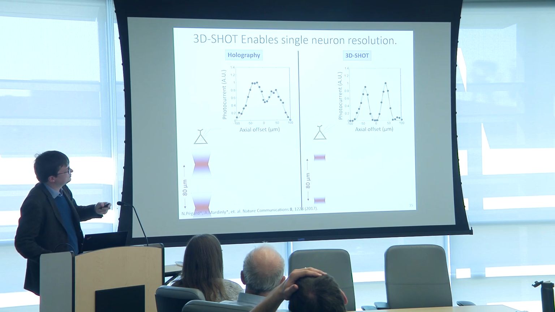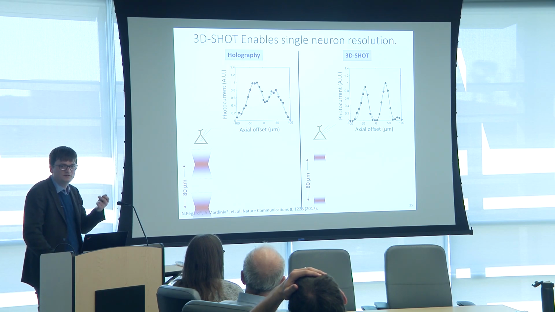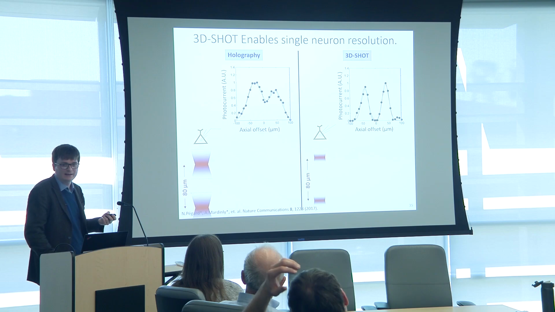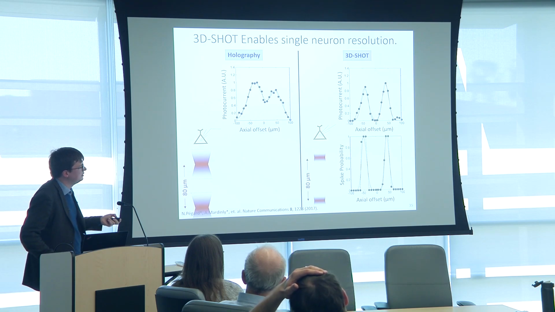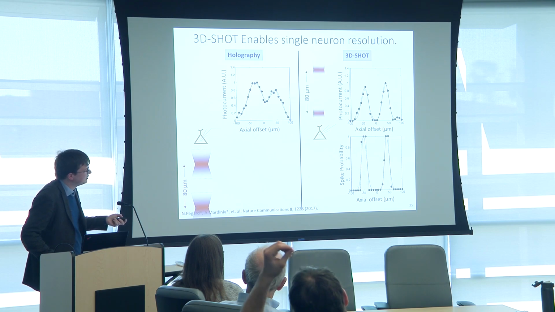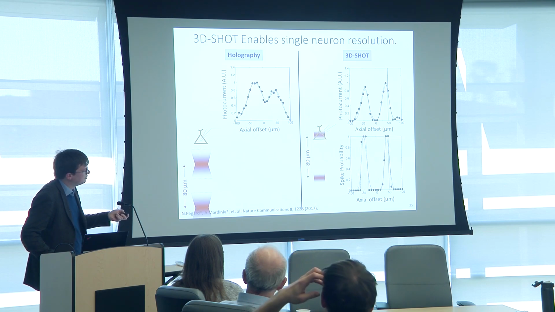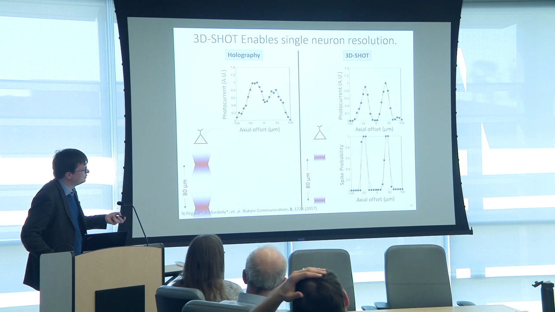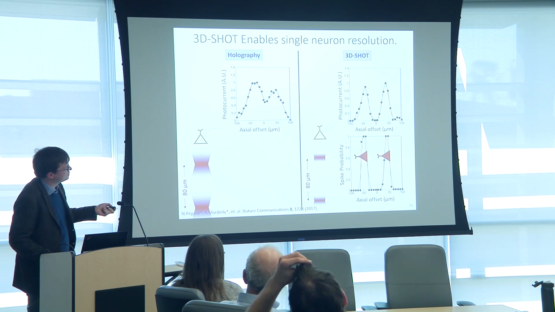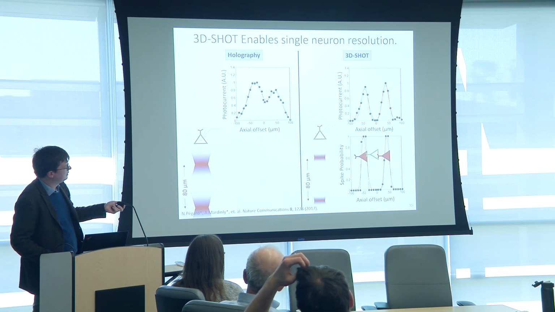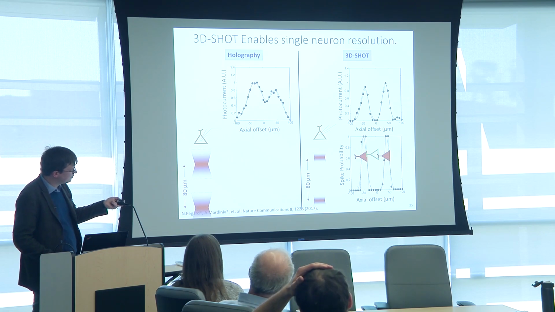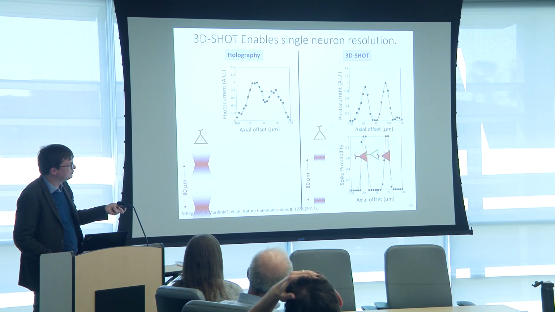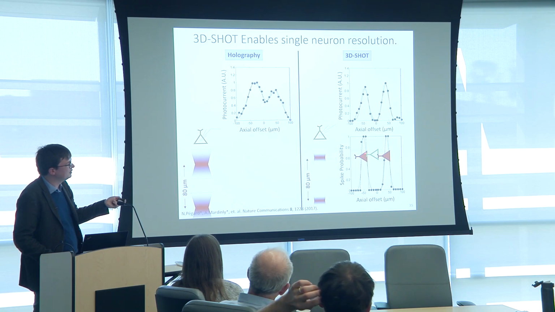If you add to this distribution the nonlinear response, the physiological response of the neuron, and look, for instance, at spike probability, this added nonlinearity creates the same distribution. And what you can basically do with this situation is create a hologram that very precisely can activate 2 neurons on top of each other. And if there was a third neuron stuck in between, it gives you a situation where you will not be stimulating this neuron.